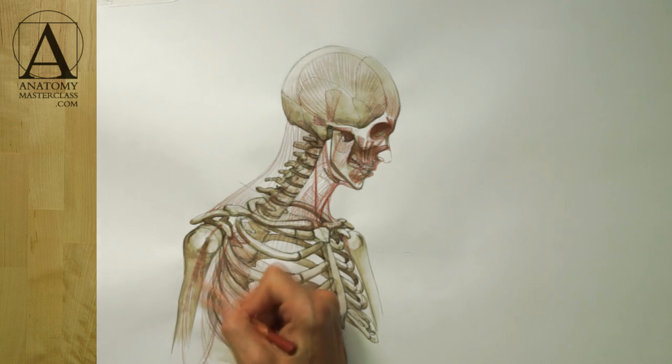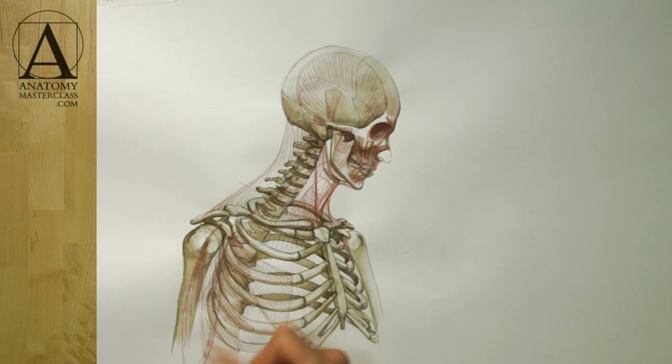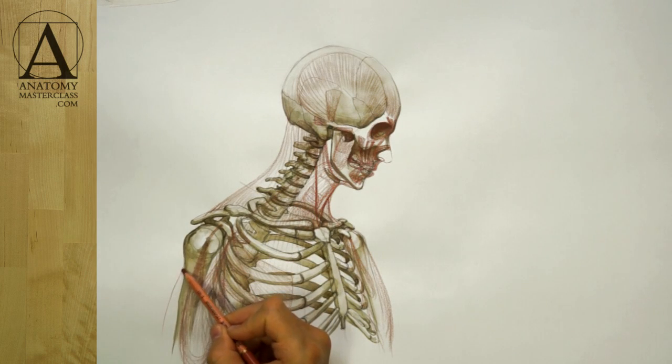Its main action is to flex the forearm. The back portion of the upper arm is occupied by the triceps brachii, which extends the forearm.